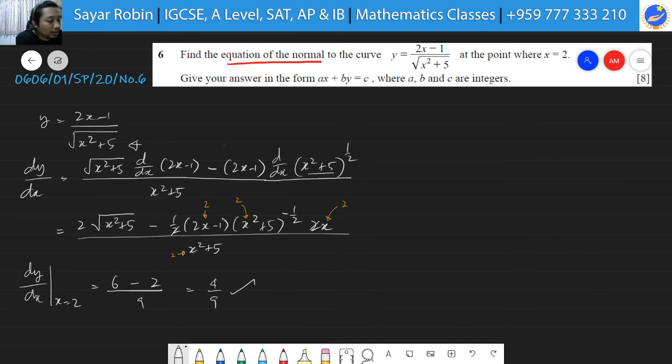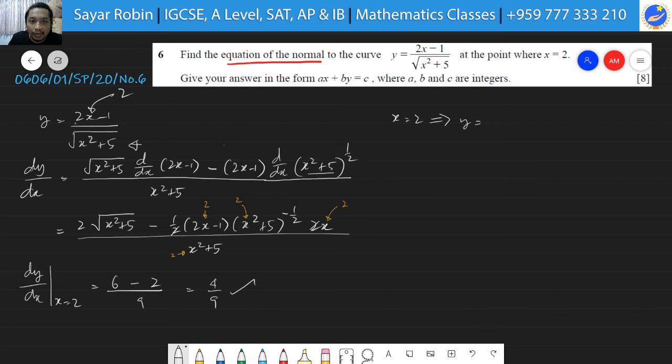Okay, so we are now going to find the point. We already know the x coordinate, so we just need to find the y coordinate only. x is equal to 2 implies y is equal to. We are now going to substitute into the given function here, x, right?